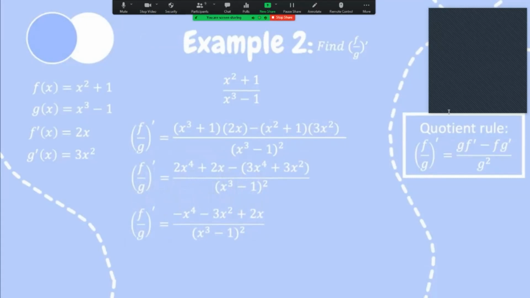Then you can simplify that to minus x to the fourth minus 3x squared plus 2x, divided by x to the third minus 1 squared.